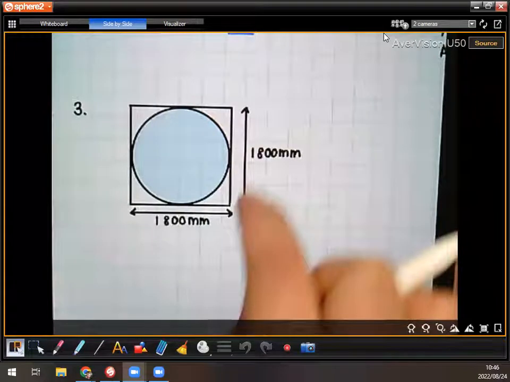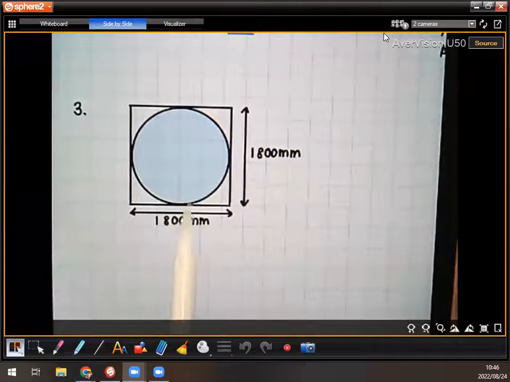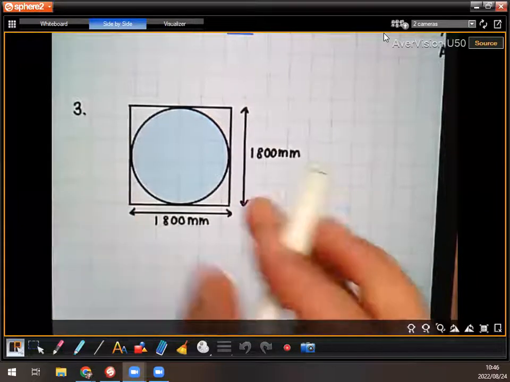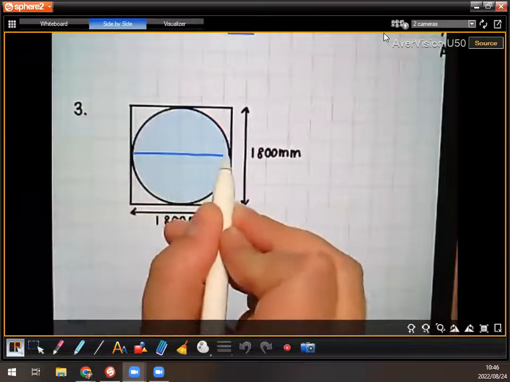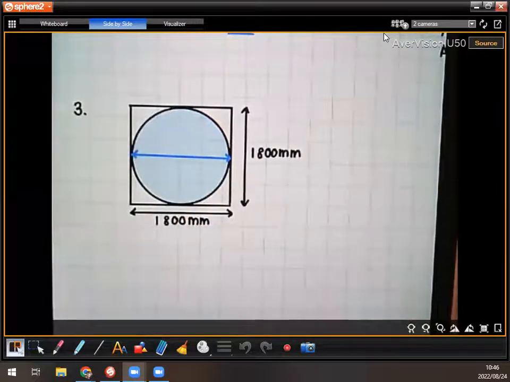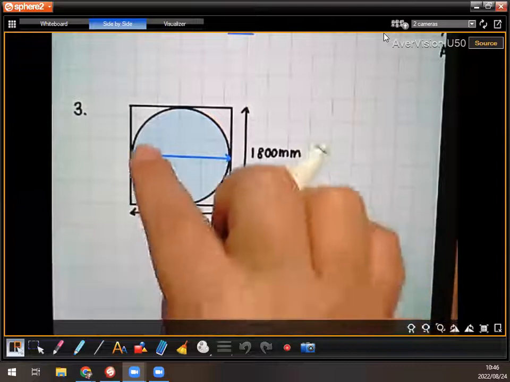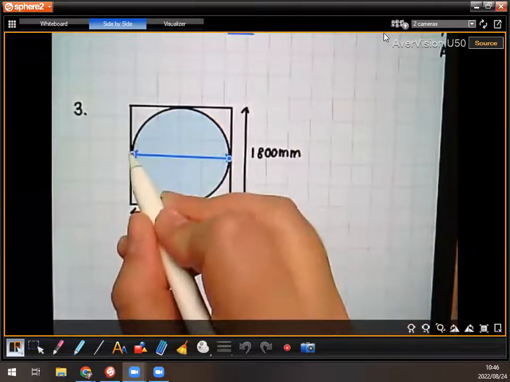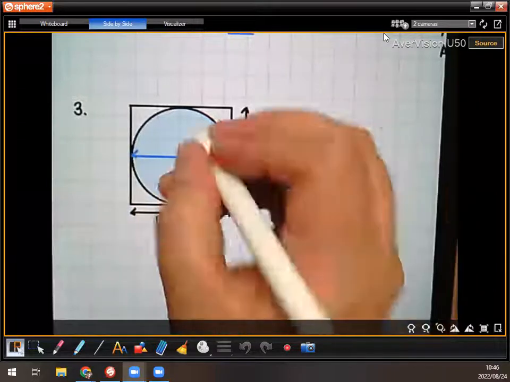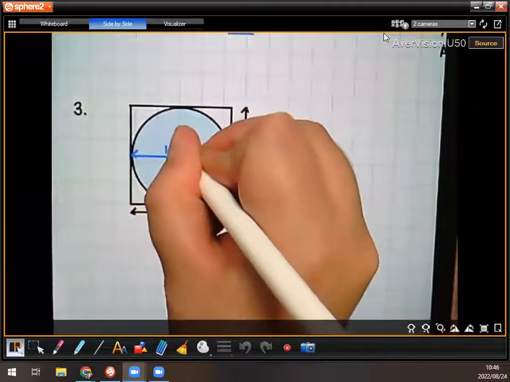So guys, what you needed to understand here is that if the length of this side is 1,800, it's also going to be 1,800 here. That length, sorry, it's a bit skewed, let me just fix that. That length is also going to be 1,800.